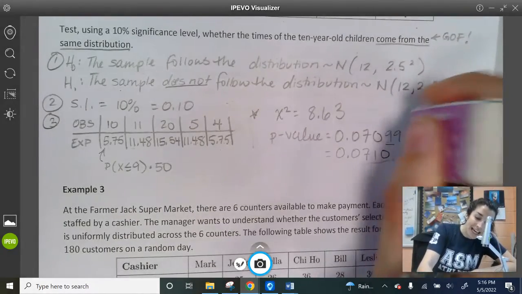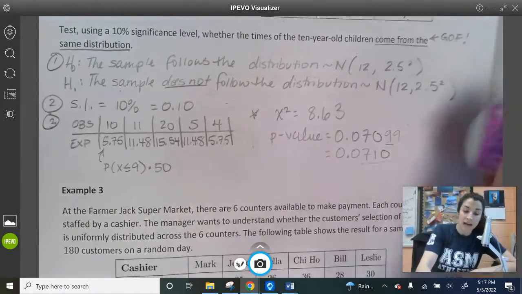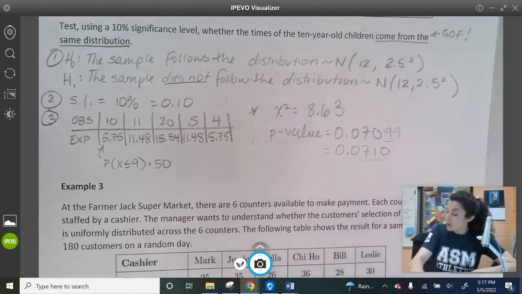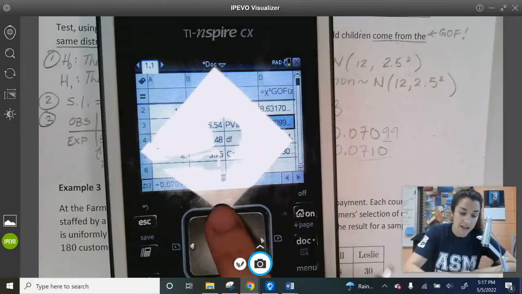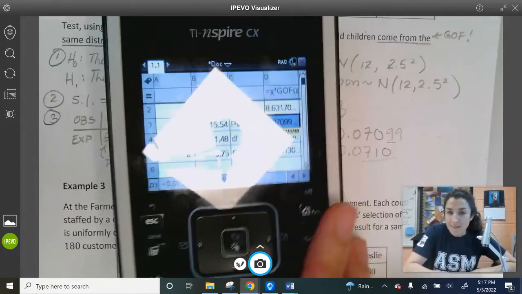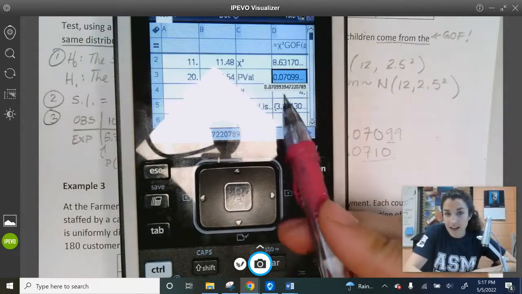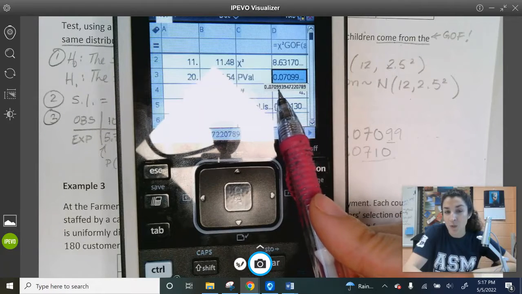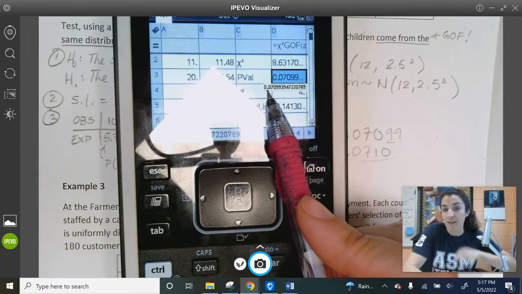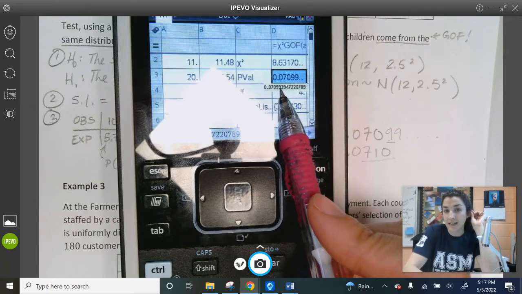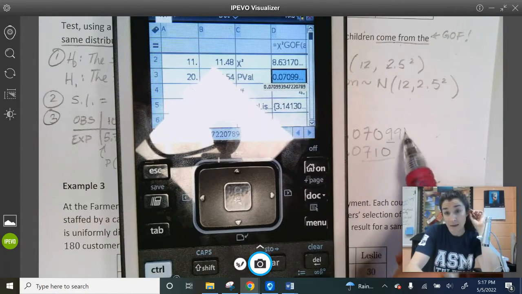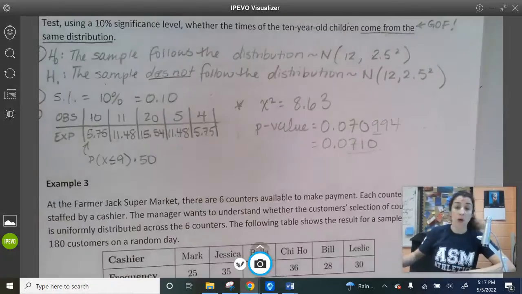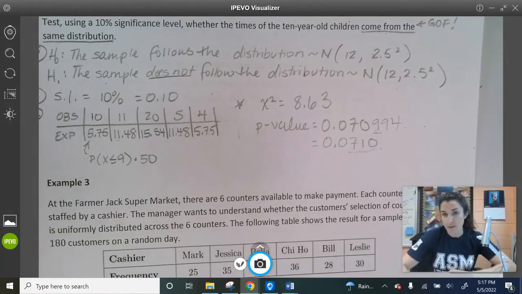But if you get a question like that in a test where that would be tough to round, you can always notice that what I did is I scrolled over it to see what more decimal places there were. Sorry, that was my phone. You could have just done 0.70994 and just rounded it to that many sig figs, because remember, you can always do more than 3 sig figs if it doesn't specify.